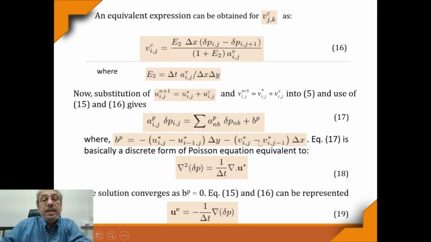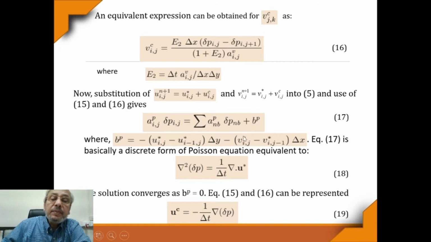This is basically the continuity equation written using star quantities, and if it produces 0, BP will be 0. That means it will produce 0 when all star quantities have been elevated to n plus 1 level quantities.